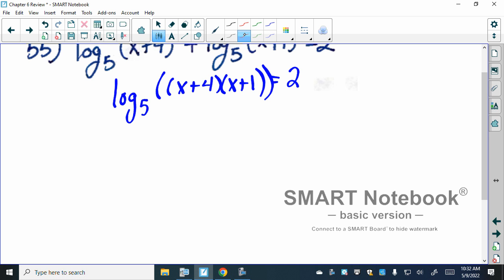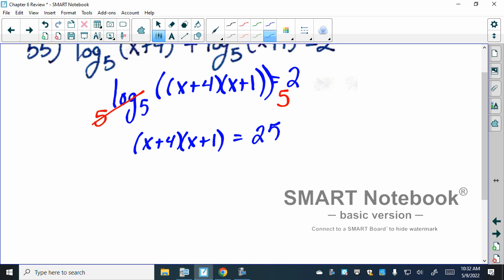Our next step is to put both sides to the base of 5, because 5 to the log base 5 simplifies out, leaving us with x plus 4 times x plus 1 equals 25, because 5 squared does simplify to a nice number.